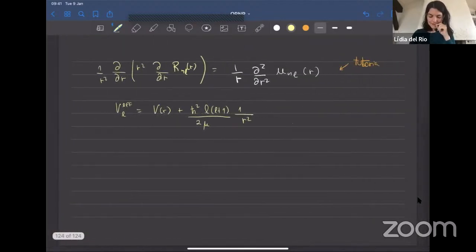So you can think of it, well, I'll show you how. Now we simplify this whole equation that we had before and it becomes very nice.